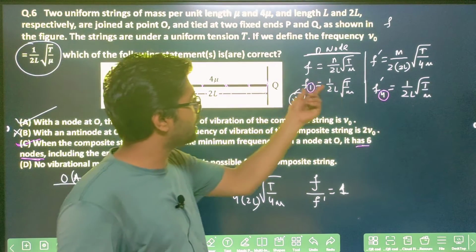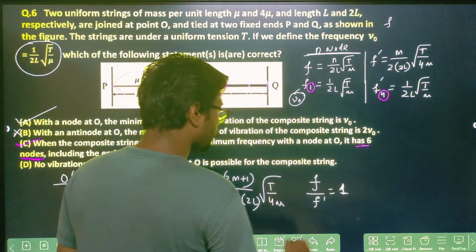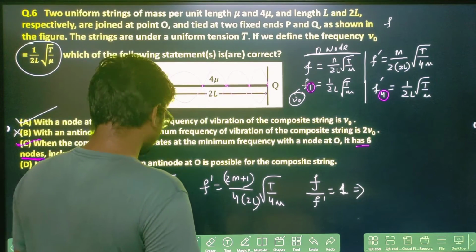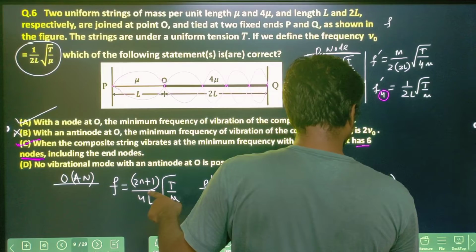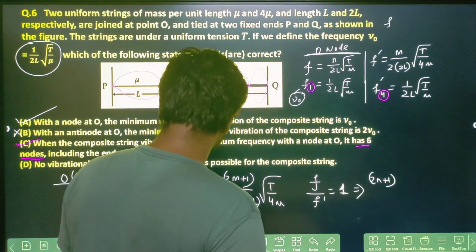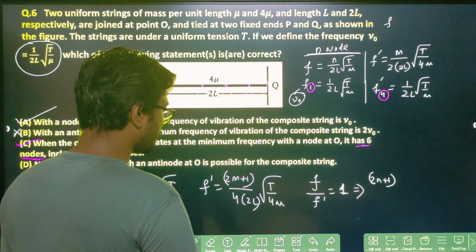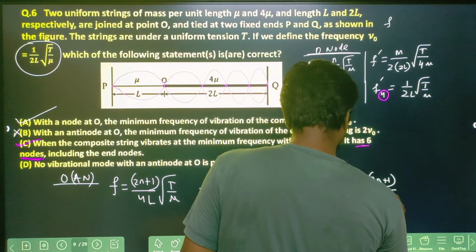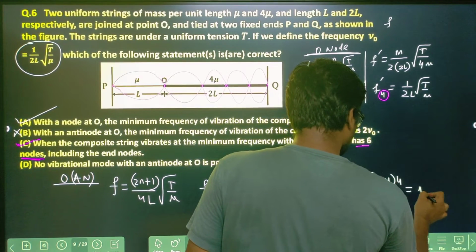Here also this happens, F1 and F4, if you divide, this will give you 1. So F will be 2n plus 1 divided by 4L, T by mu cancel out. This is 4L, so 4 will come. I can write this as (2n plus 1) divided by (2m plus 1) into 4 equal to 1.